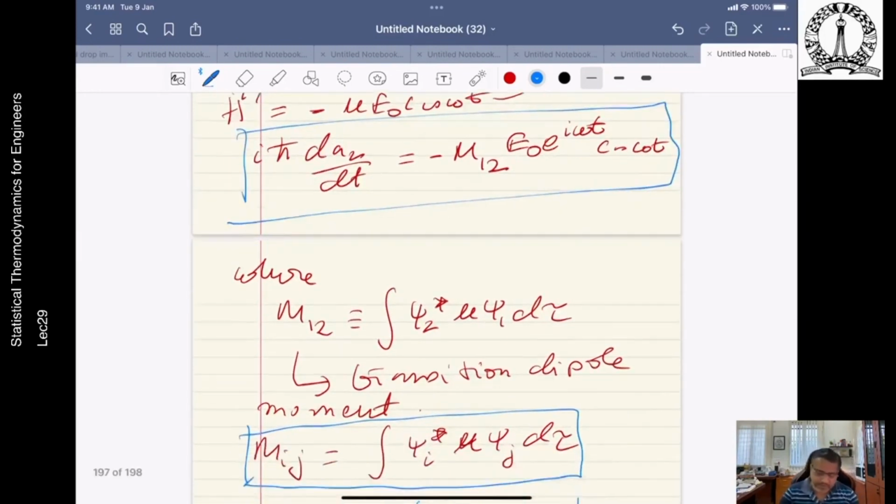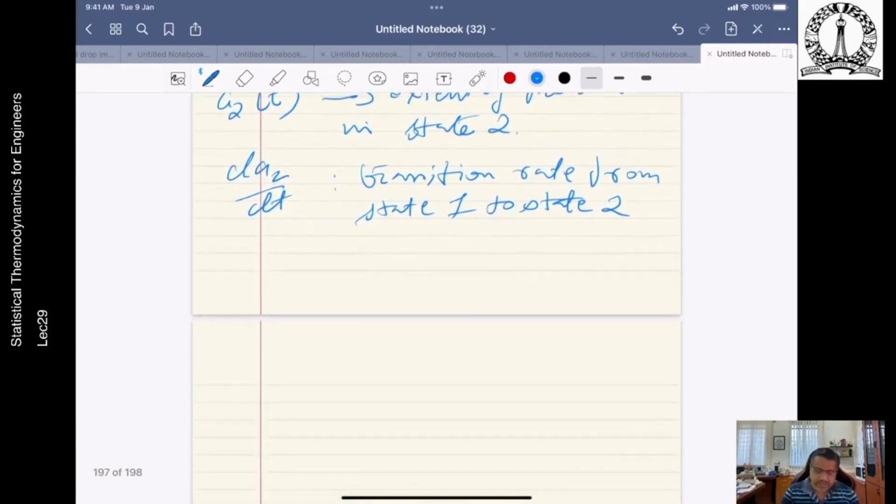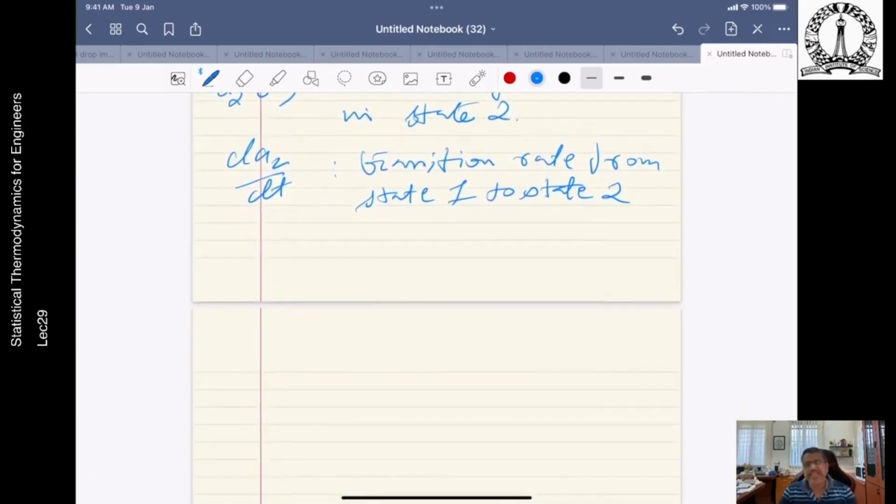If you look at this equation, it states that transition between two rotational, vibrational, or electronic states is impossible if M12 is 0. So if M12 is equal to 0, then dA2 by dt is also equal to 0.